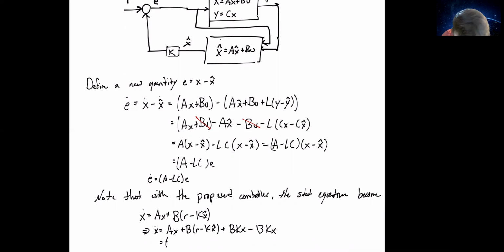And then we're going to split up everything. So we get (A - BK)x + BKe, the error, plus Br.